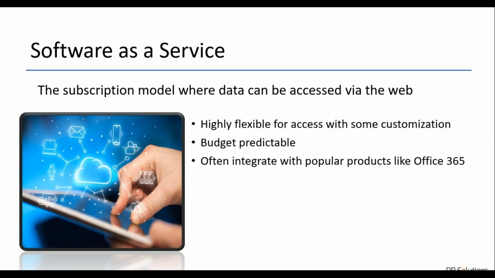These SaaS model products are starting to integrate with popular products like Office 365. I think that's a really important thing to bring up, which is that if you are looking at any of these software as a service web-based tools, we should be thinking about how we are going to use it with the rest of our products. Things like Office 365, the Microsoft suite, aren't really going to go away anytime soon. These are industry standard products.